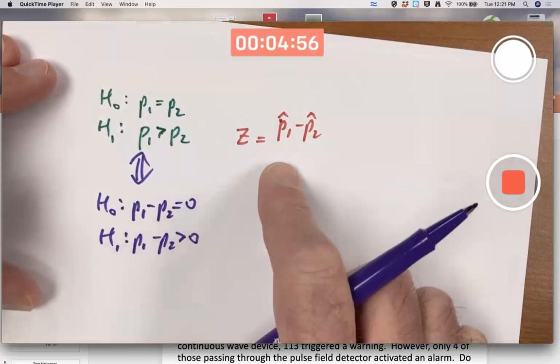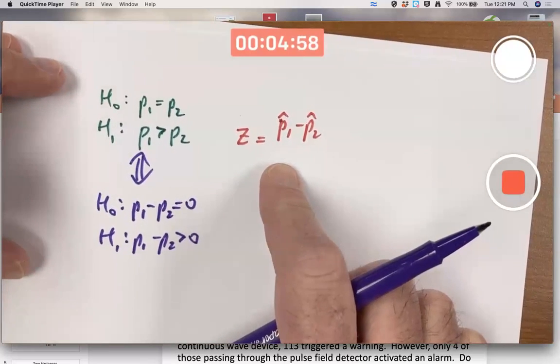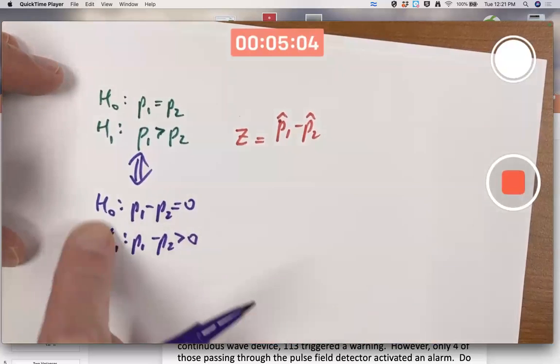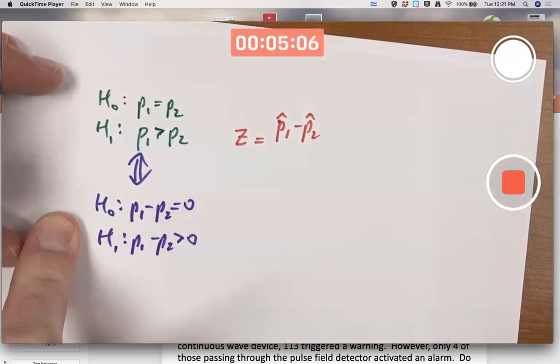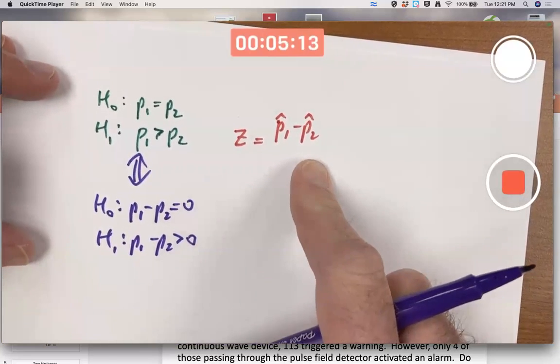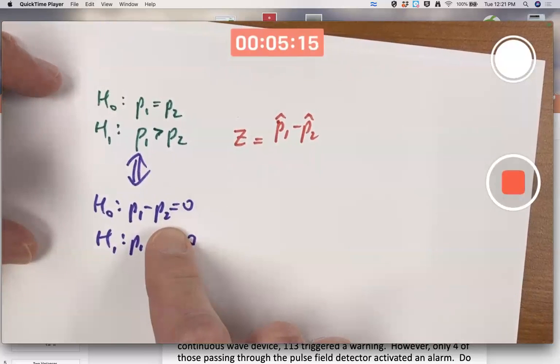So to look at the difference in the sample proportions is a natural thing to do because of that. Thinking about this form of the same hypotheses, P1 hat minus P2 hat would be a natural estimator for P1 minus P2. And if you're doing random sampling, yes, it would be an unbiased estimator as well.